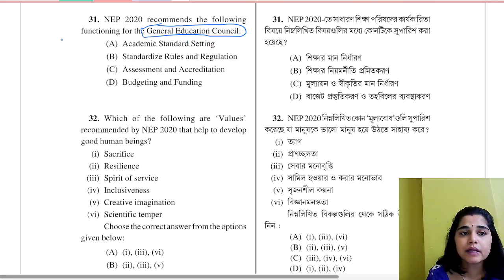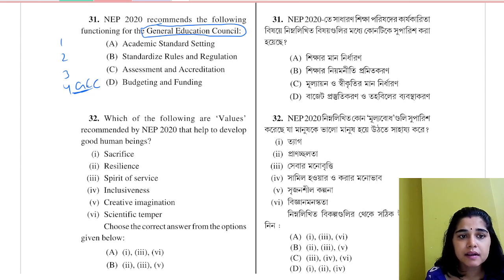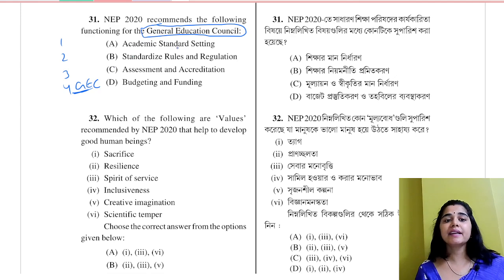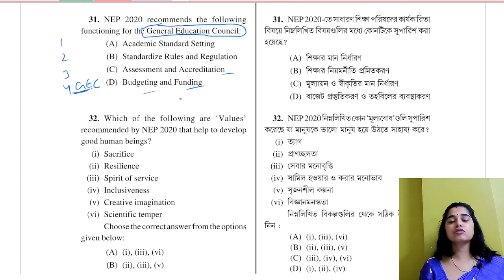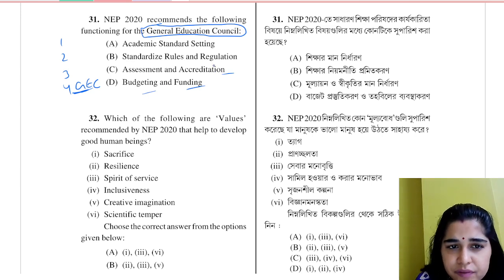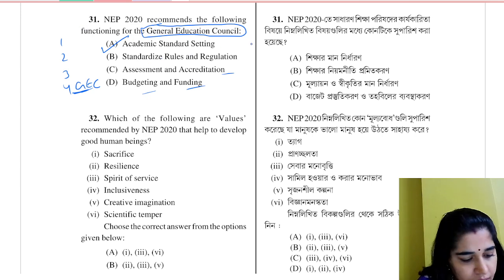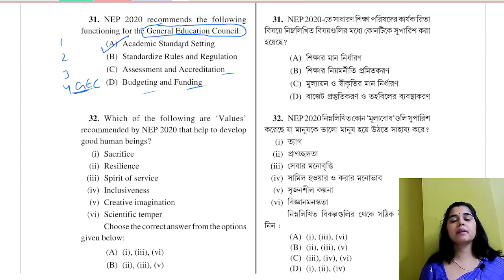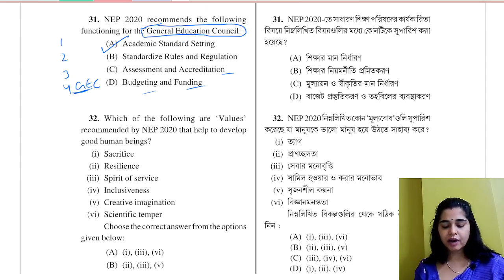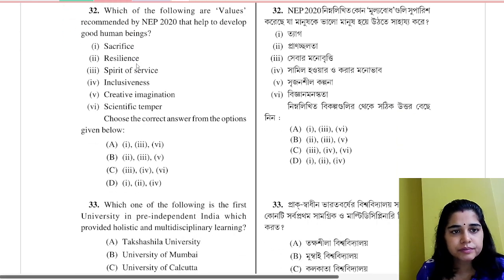There are 4 pillars, 1, 2, 3, 4, and GEC comes at the end, and this provides us academic standard setting. Assessment and accreditation is provided by NAC, and budgeting and funding by something else. The answer is A, academic standard setting for the General Education Council. You have to learn this factual question.